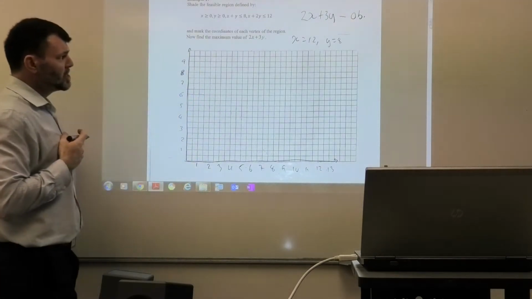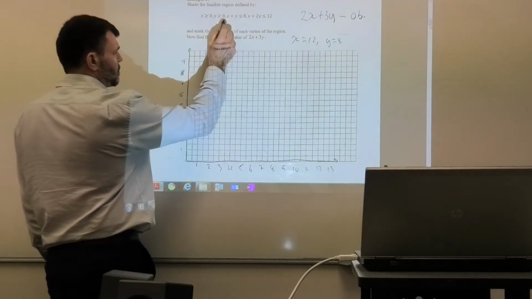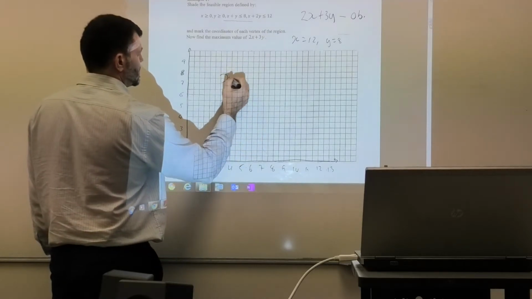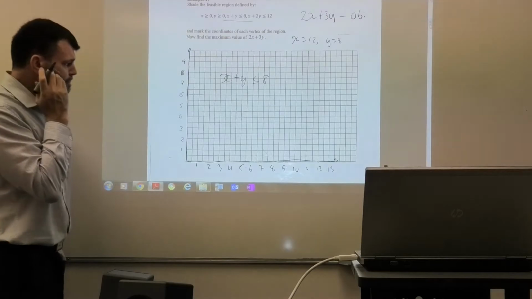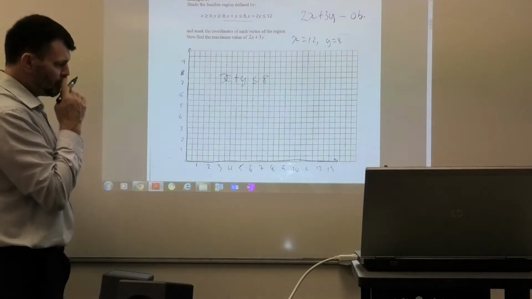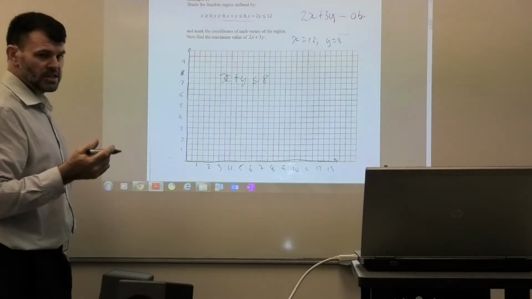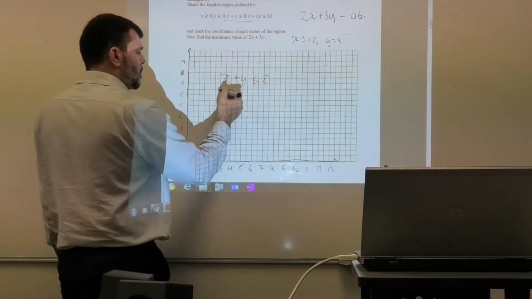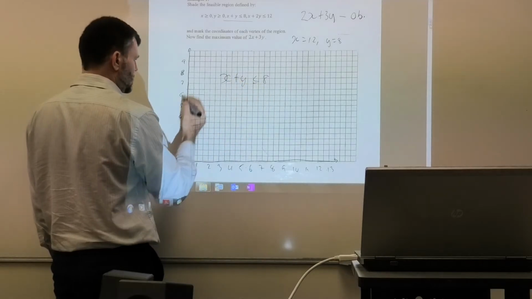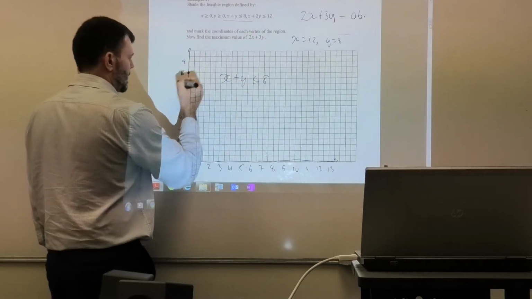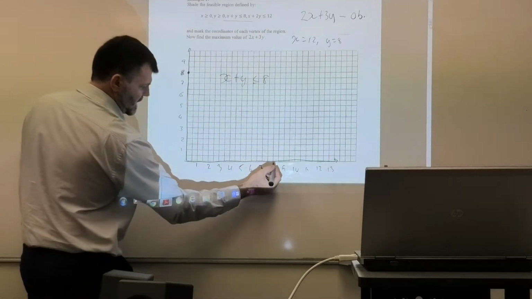When we look at these constraints, we've got this first constraint here. And this first constraint is x plus y is less than or equal to 8. Well, we want to be able to sketch this, and we can use the x and y intercepts. So we've already done this before when we found what x and y is. Okay, so x is equal to 8, so we can put a dot here for the y intercept, and x equals 8.